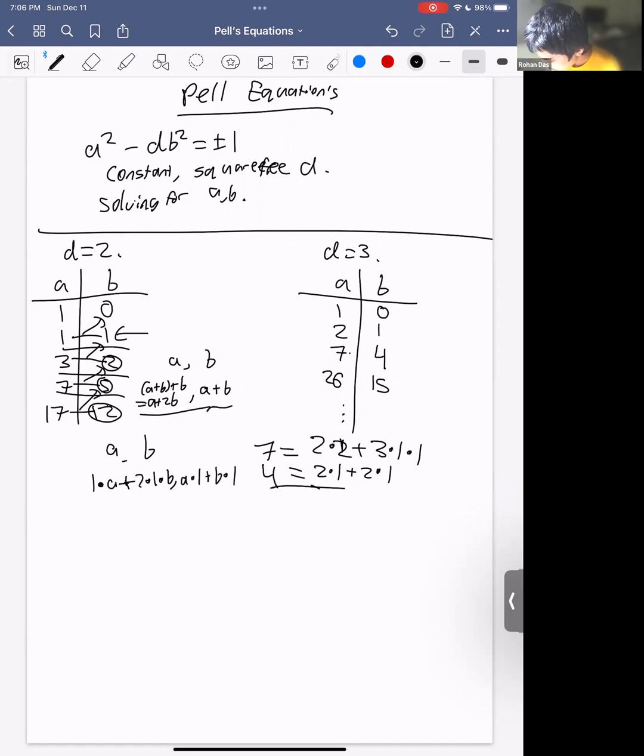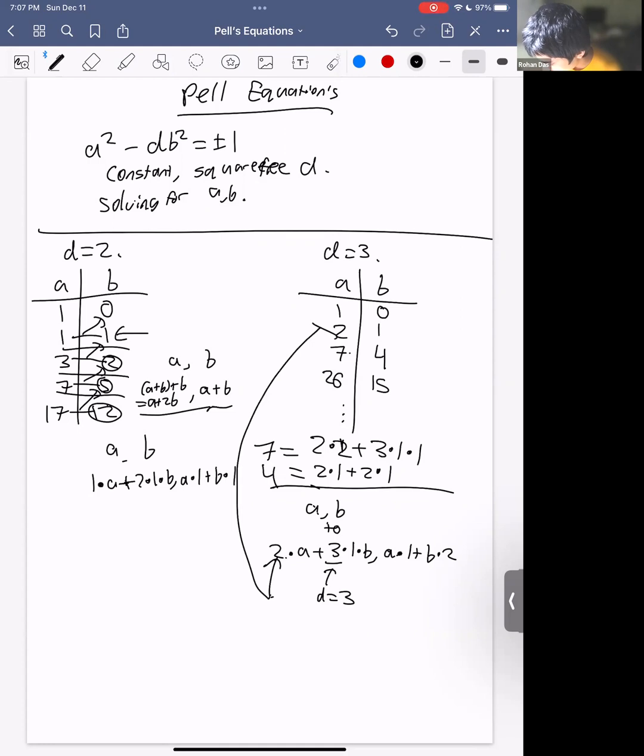And what we're doing here is we can go from a, b to 1 times 2 times a plus 3 times 1 times b, and a times 1 plus b times 2. And the difference here is that this becomes 3 because d is equal to 3, and this corresponds to the 2 over here instead of a 1, while this 1 corresponds to the 1 over here.